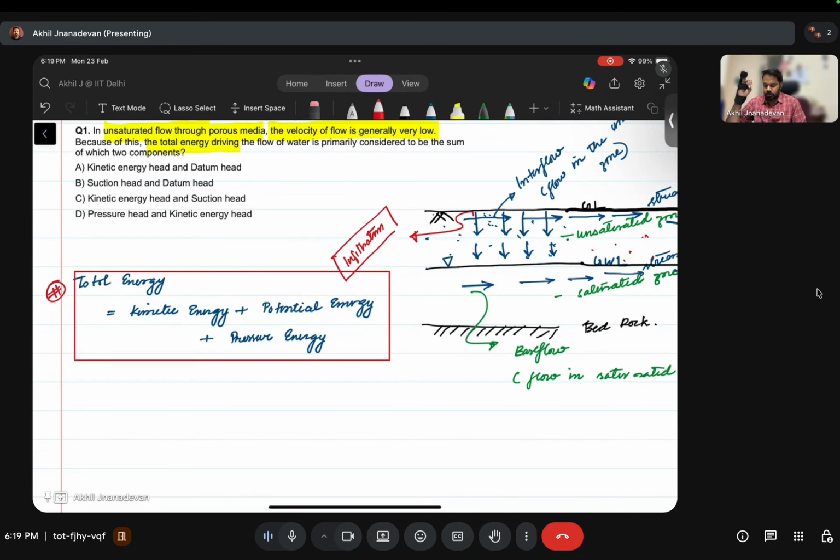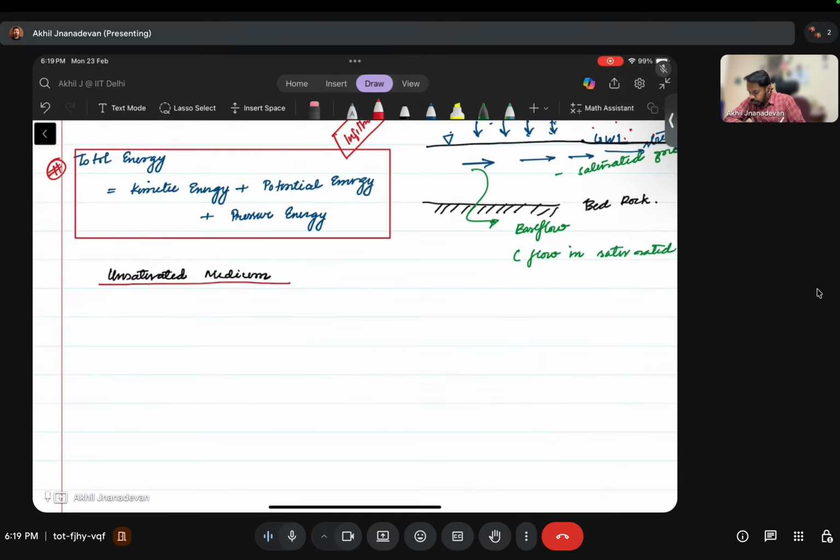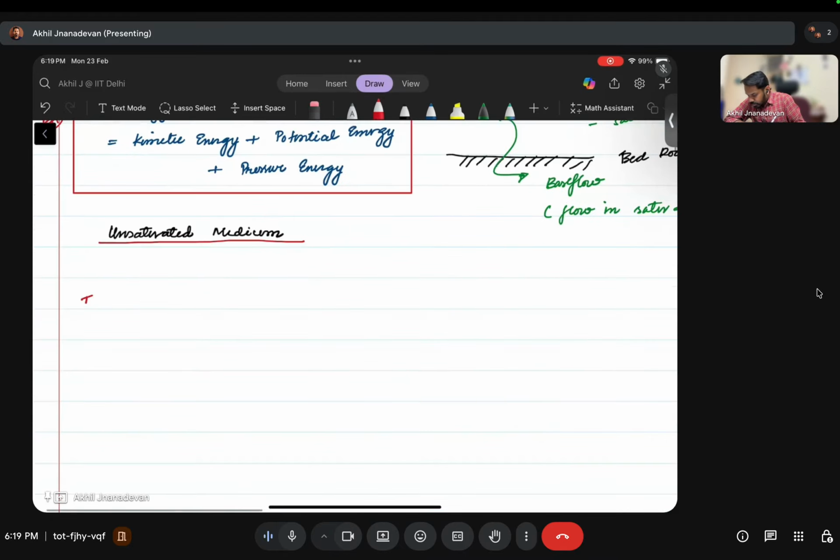Mathematically, when we apply this to an unsaturated medium, we can say the total energy, or the total head, is equal to the sum of kinetic energy, which is due to the movement, due to the flow, so it is also called the velocity head, plus the datum head.